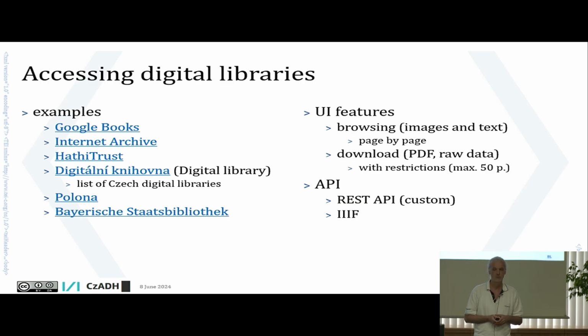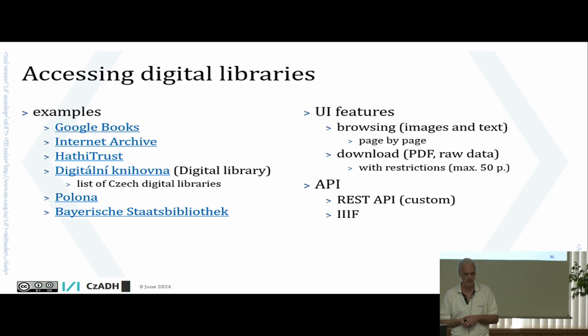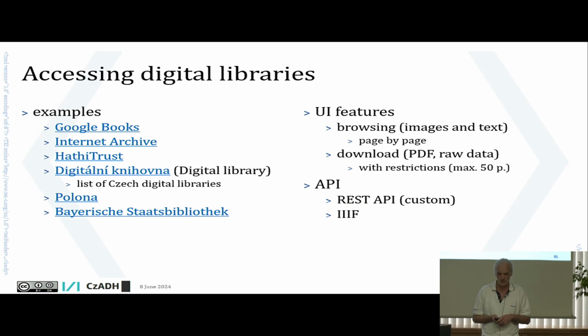These libraries use software called Kramerius. I also know Polona from Poland, which is a little bit newer, or the Bayerische Staatsbibliothek digital library.